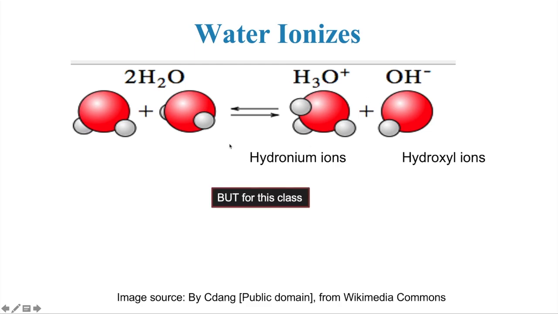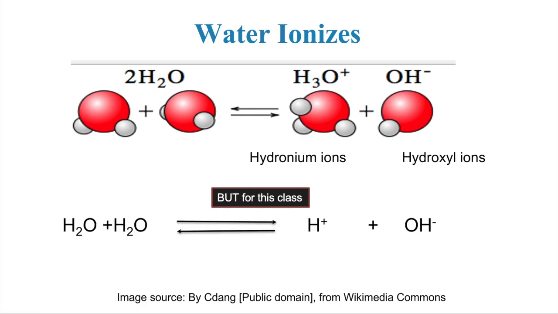Now, for this class, when we write this equation, we write it as this. Two water molecules ionize and form a hydrogen ion, a positively charged hydrogen ion, and a hydroxyl ion.